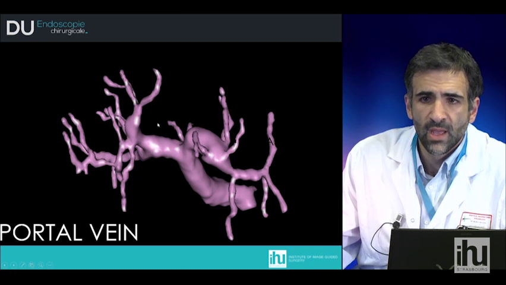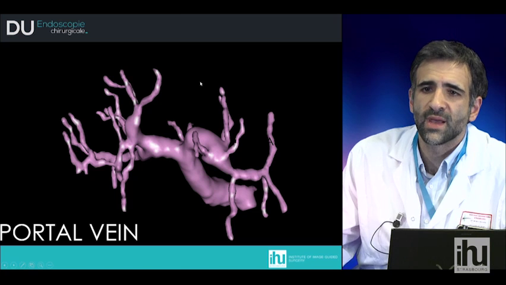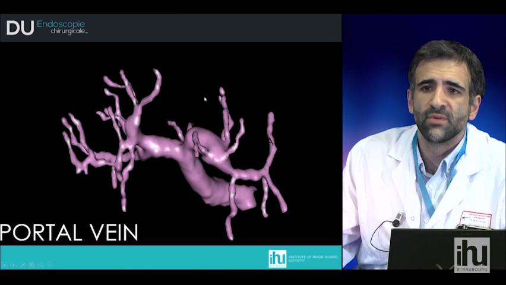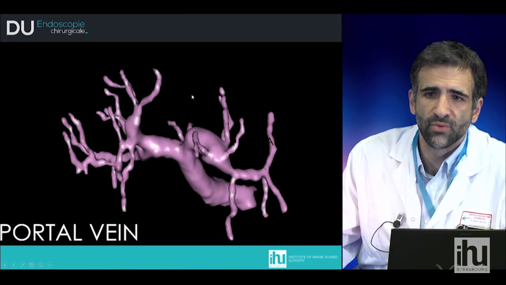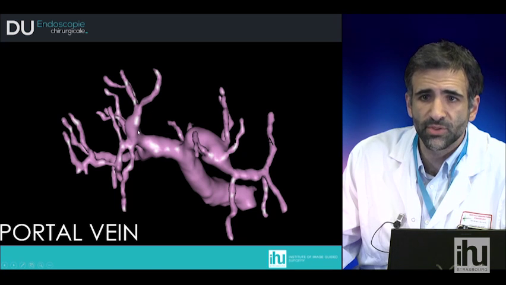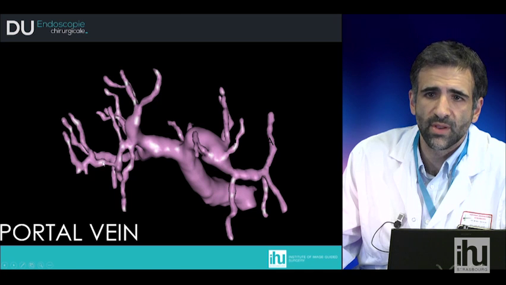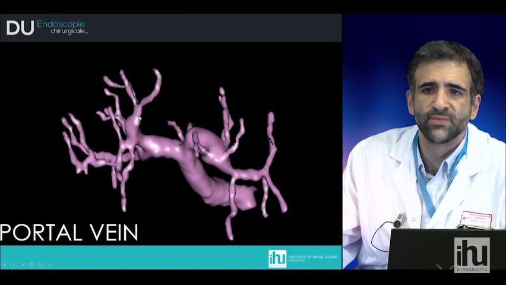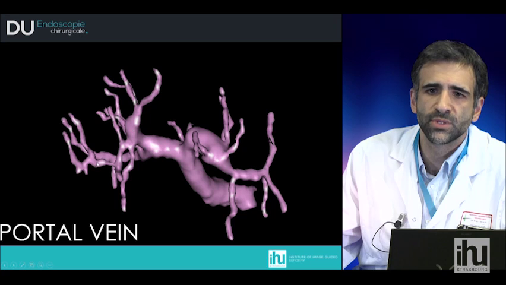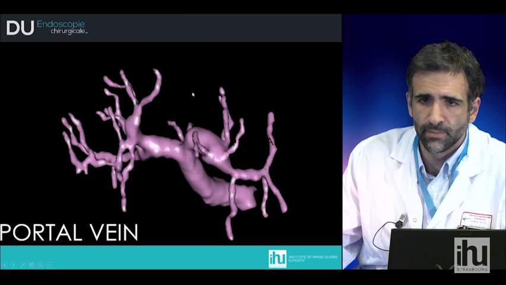The left branch guarantees the inflow to segments 2, 3, and 4. The right branch of the portal vein allows the inflow to segments 5, 6, 7, and 8. The right portal branch is divided in an anterior right portal branch and a posterior right portal branch. The anterior one is for segments 5 and 8, and the posterior one is for segments 6 and 7.